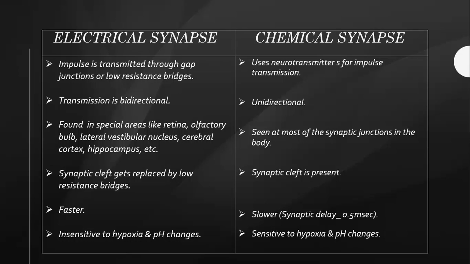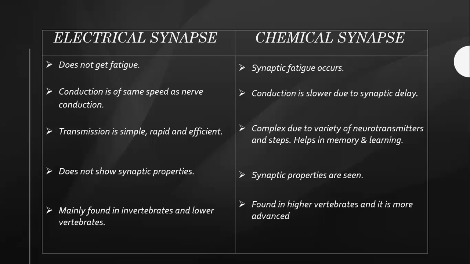Synaptic cleft gets replaced by low resistance bridge in electrical synapse, and synaptic cleft is present in chemical synapse. So the electrical synapse is faster compared to chemical synapse, which is highly slow because of the synaptic delay, which is 0.5 millisecond. Electrical synapses are insensitive to hypoxia and pH changes, whereas chemical synapses are sensitive to hypoxia and pH changes.